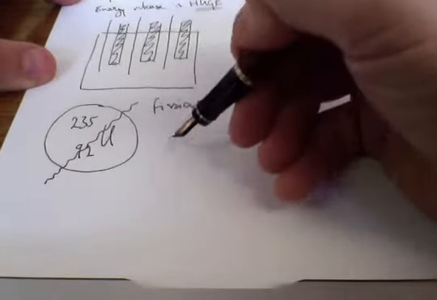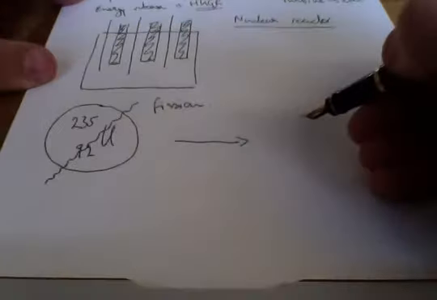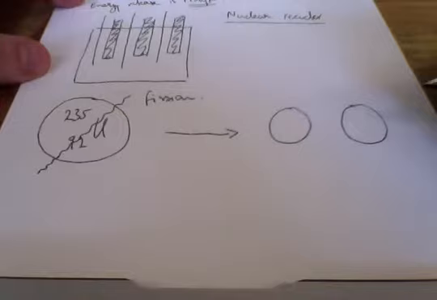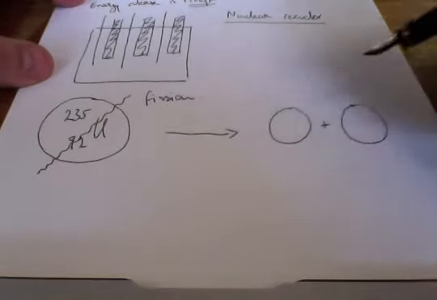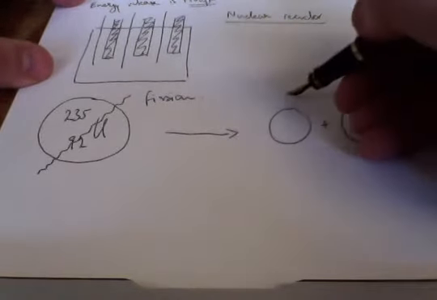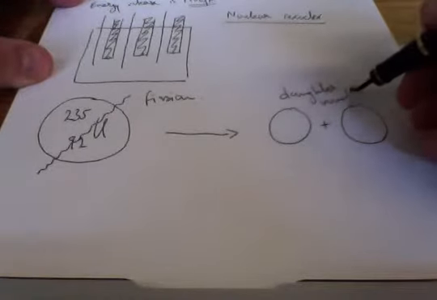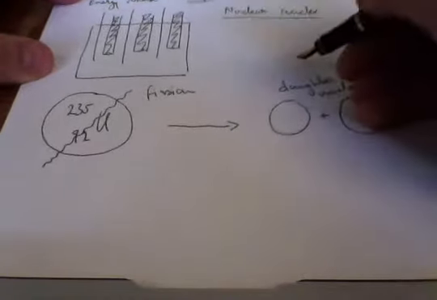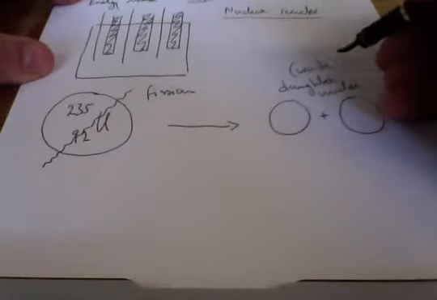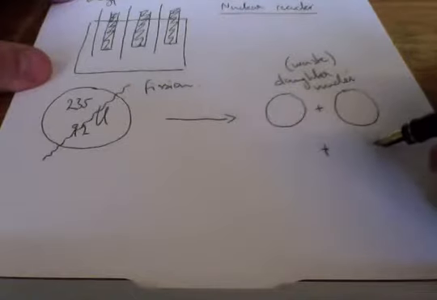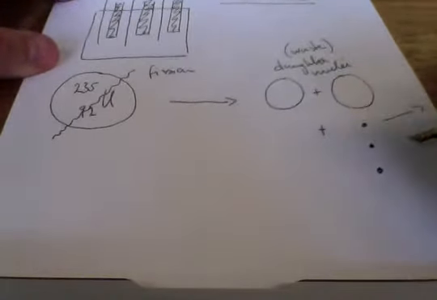And in that split, you get, as a product, two smaller nuclei, which are byproducts. I suppose you could call these the daughter nuclei. But they, in effect, are the waste. You're not interested in those. And, interestingly, you get 3 neutrons being produced.